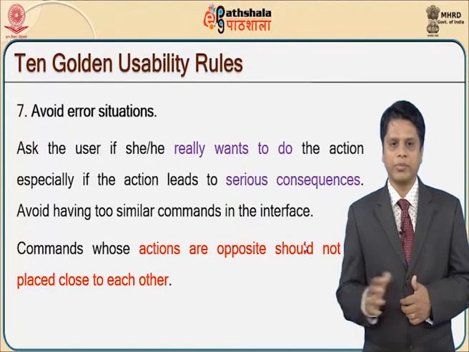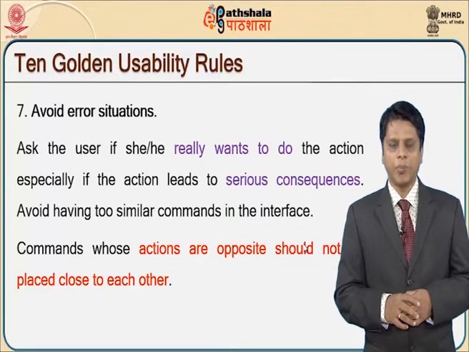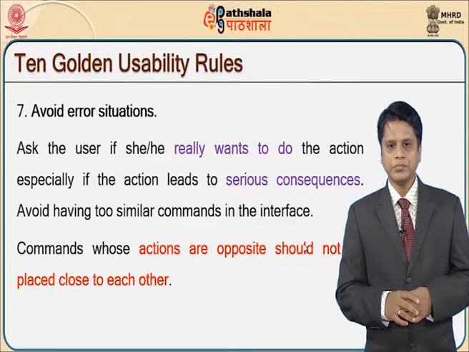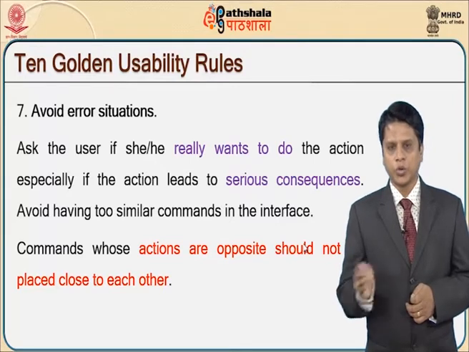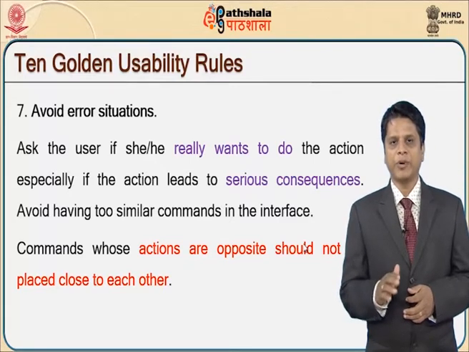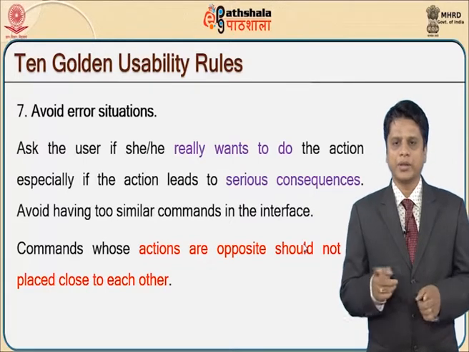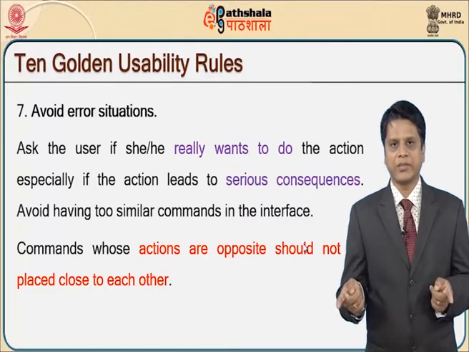Commands whose actions are opposite should not be placed close to each other. For example, if Control C and Control V are too close, there is a possibility of mixing them up. Buttons which are very close to each other should not perform two opposite functionalities.